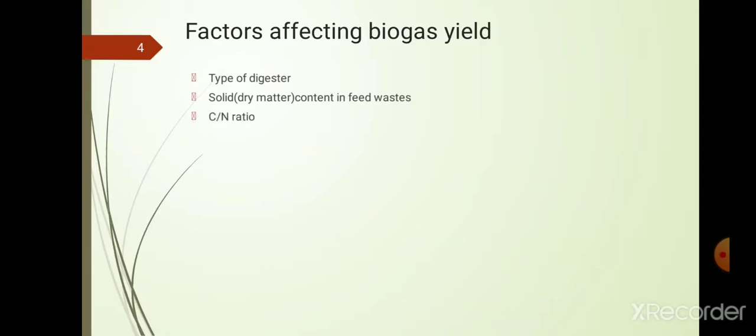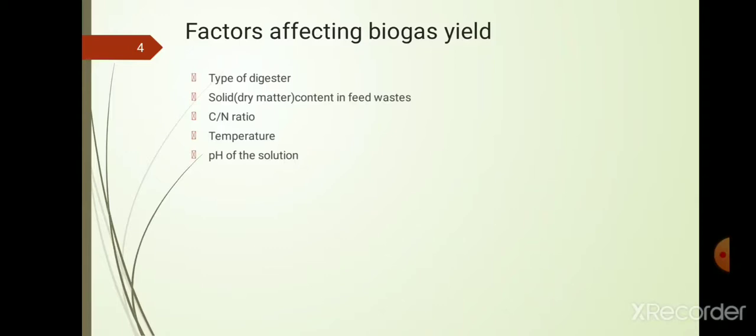Then another important factor is the C/N ratio, that is the carbon to nitrogen ratio in the feed. Then temperature also affects. Already we have discussed the temperature range at which the different bacteria work.